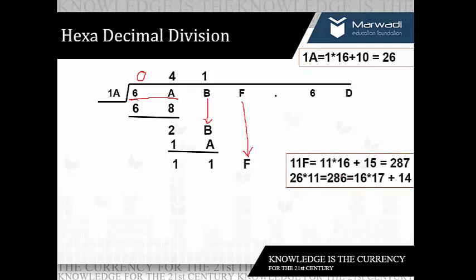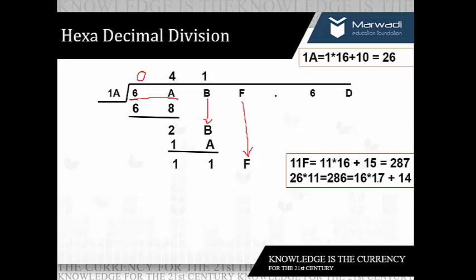Here 11F is equal to 11 into 16 plus 15. F is equal to 15, which is equivalent to 287, and the nearest multiple of 26 is 286. So I have to convert it into hexadecimal.